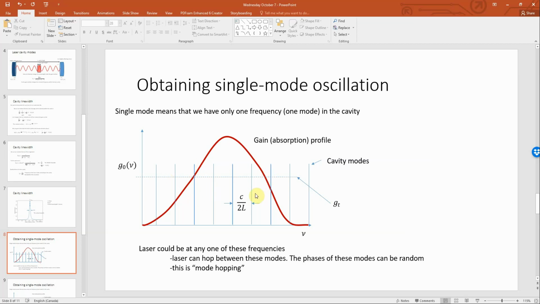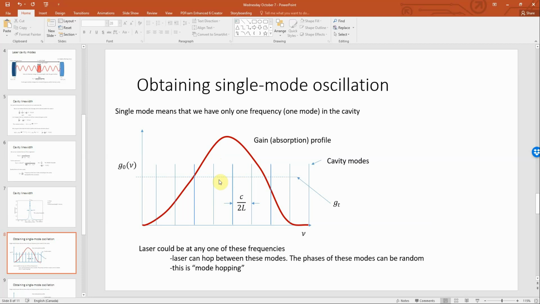So that means that we could have gain that spans all these modes, and the laser could be resonant with any of these modes at any time. At any instant in time, the laser could be hopping from one of these modes to another. We could be resonant with this mode, and then it'll hop and have gain here and be resonant with this mode.